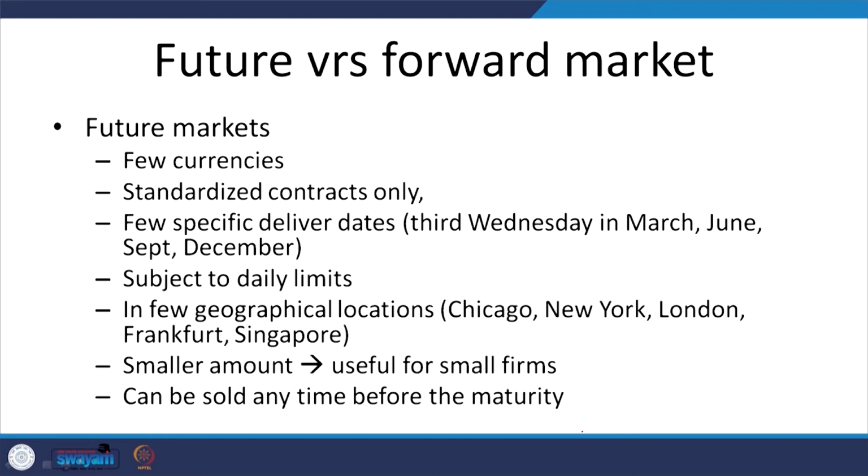The contracts are completely standardized, any other type of contracts are not accepted. There are few specific delivery dates, as we already mentioned, the 3rd Wednesday in March, June, September, and December every quarter, defined as the delivery date of futures markets.